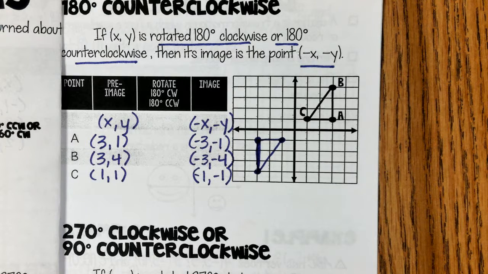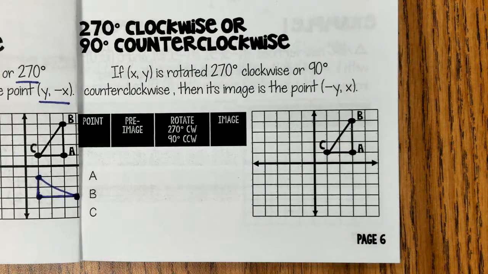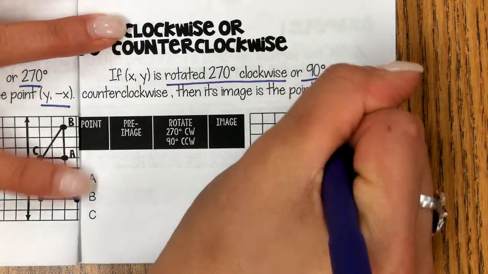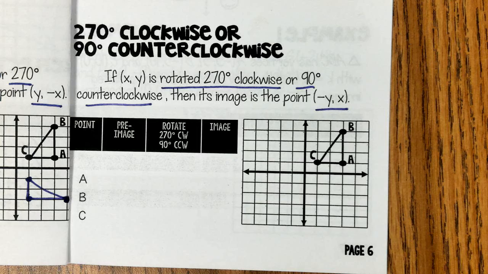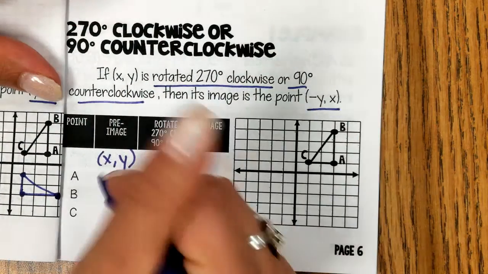Okay, we're moving down to the last rotation example. So 270 degrees clockwise or 90 degrees counterclockwise. And we would do, again, flip your x and y, except now your y is going to be the opposite operation. So start with your pre-image points.